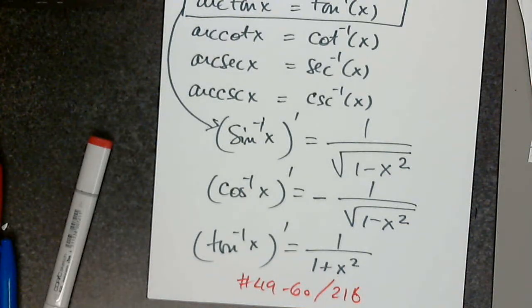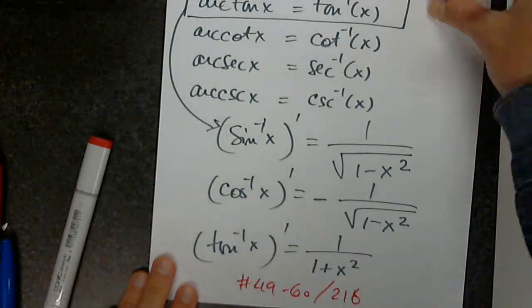So choose any problem you'd like to illustrate how sine inverse prime works, cosine inverse prime works, and tangent inverse prime works in any of those problems, and finding its derivative. Any preference? Look at 57. 57? Yeah. Very good, very good. Let's look at 57. Good pick.